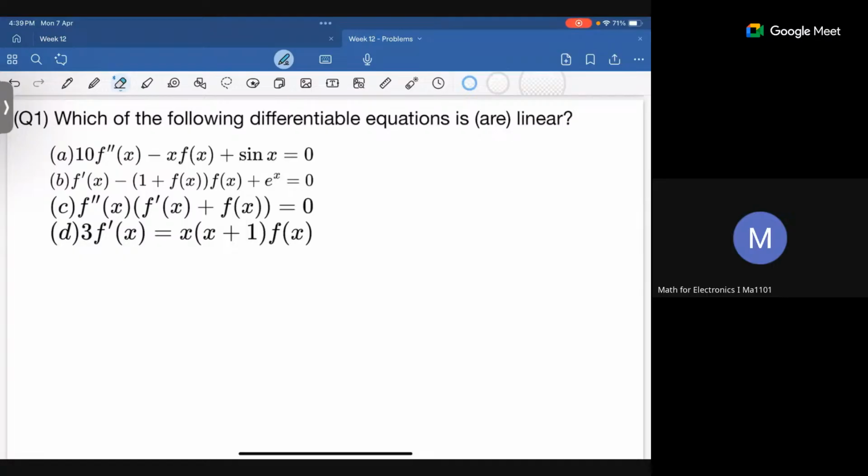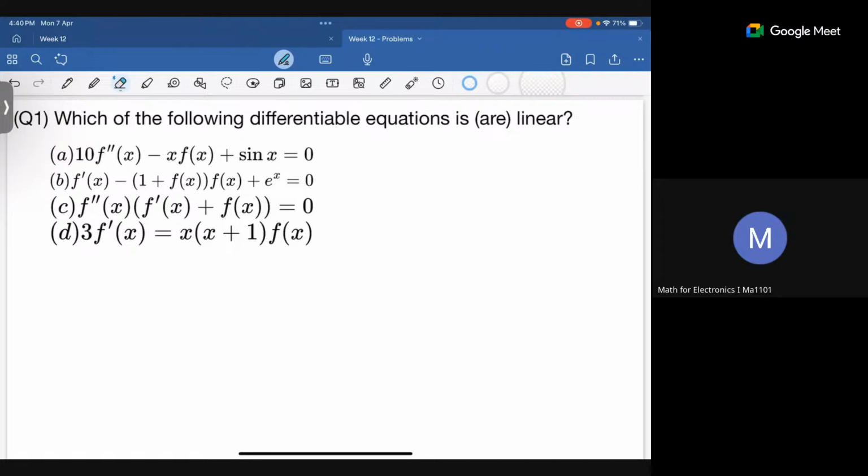Which of the following differential equations are linear? You have been given 4 options. And remember, the font size is not directly proportional to the solution. A bigger font doesn't mean that it has a higher chance. I'll give some 2 to 3 minutes for this.